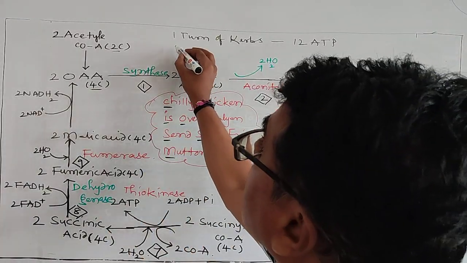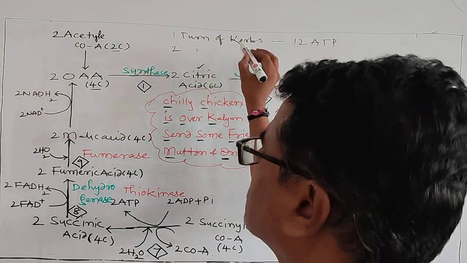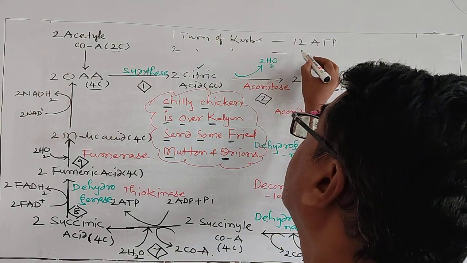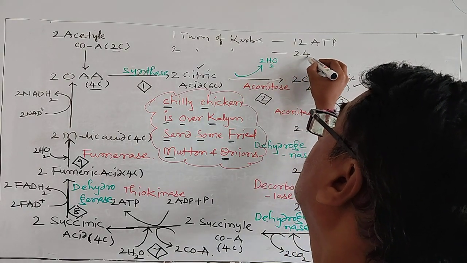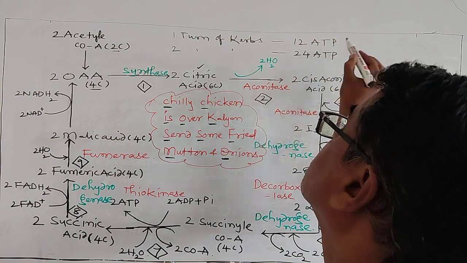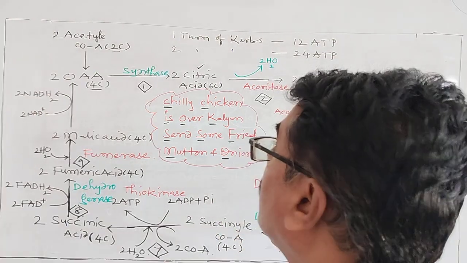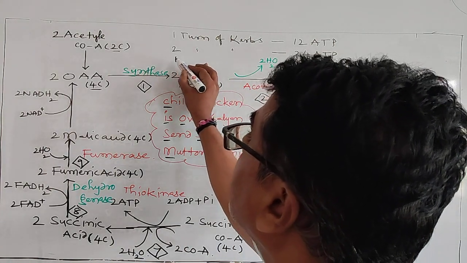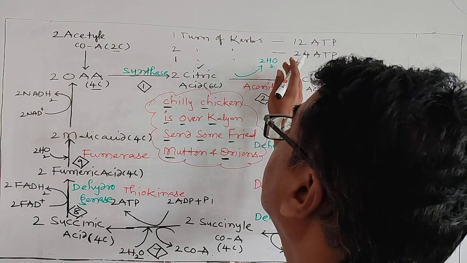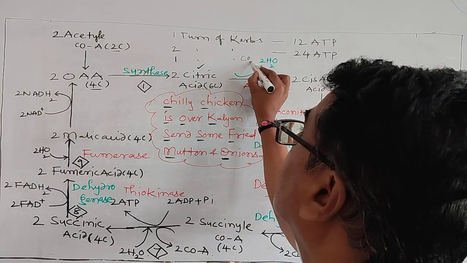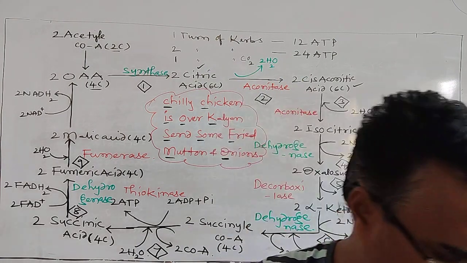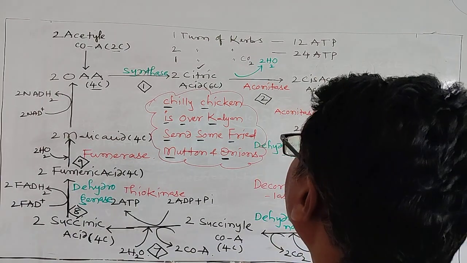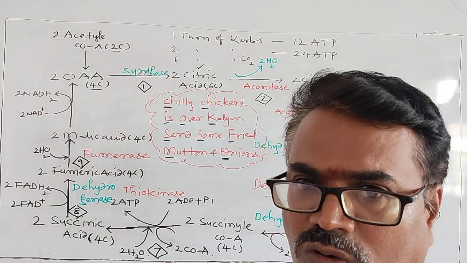Two turns of the Krebs cycle produce 24 ATPs. One turn of the Krebs cycle releases 2 CO2.